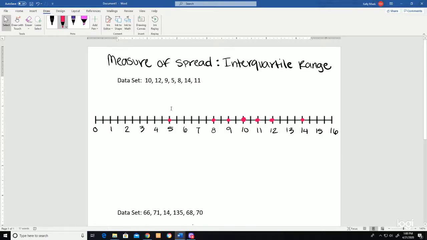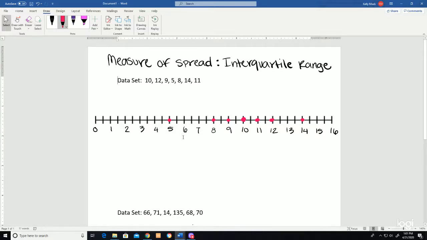We have our lowest point off to the left at 5, and our highest point off to the right at 14. The space between 12 and 14 is not as big as the space between 5 and 8. 5 and 8 are a little bit further apart. These are things to start noticing about data that will help you further along in your measures of central tendency.